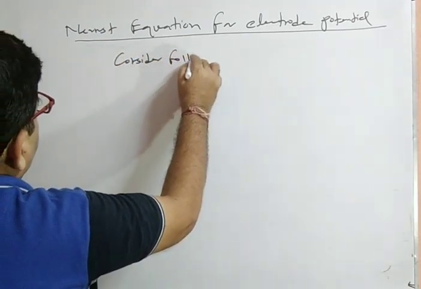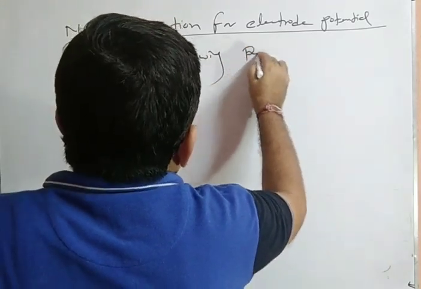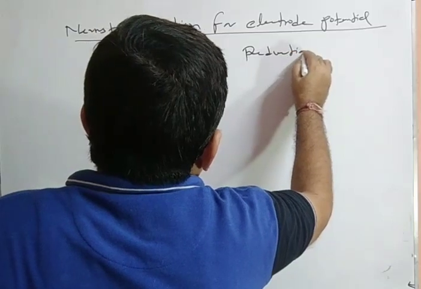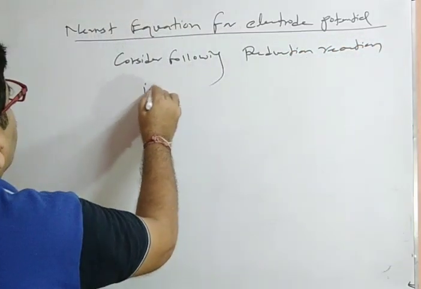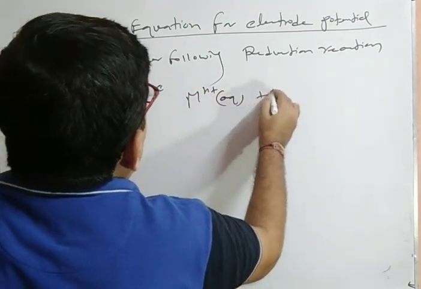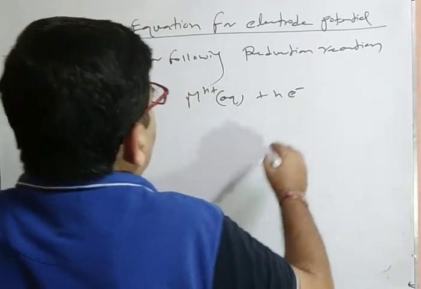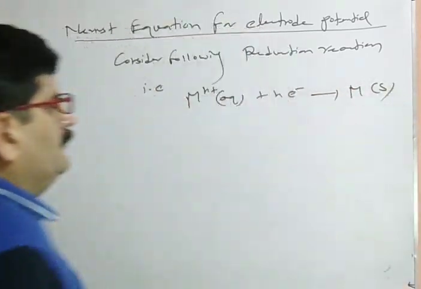Consider the following reduction reaction, that is M n plus aqueous accepts n number of electrons and gives M solid.